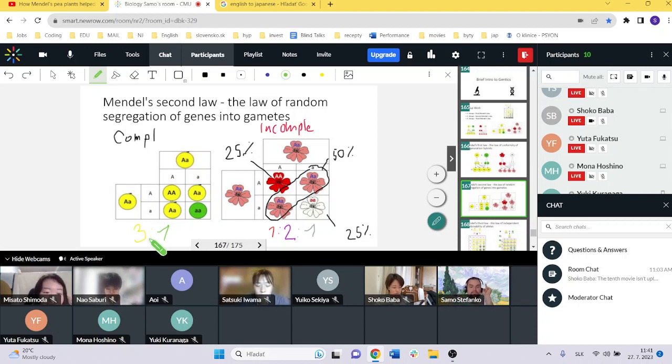Now, that was phenotype. What about genotypical ratio in complete dominance? If you again just see the table, what would be the ratio?